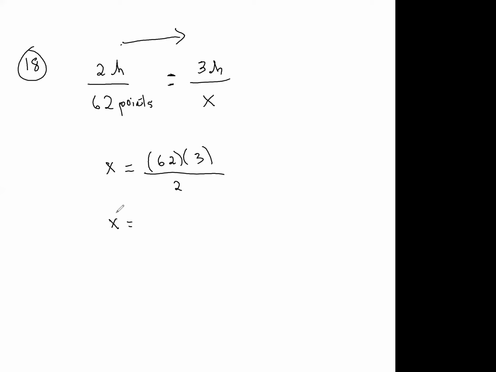Okay, 62 times 3, or we simplify 62 and 2. Now we got 93. 93 points.